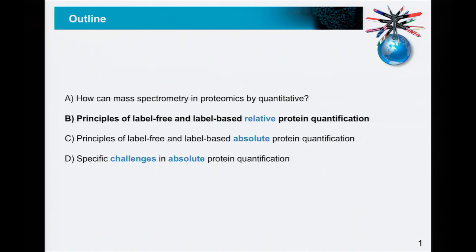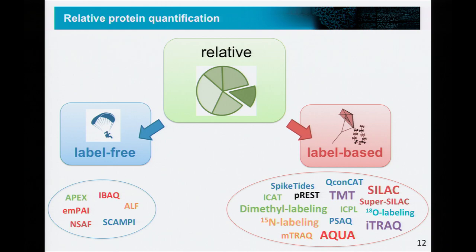Okay, are there any more questions as to why mass spectrometry can be quantitative and how it works with the linear calibration correlation between concentration and MS intensity? All clear? Super. So then let's have a look at some of the principles of relative protein quantification.